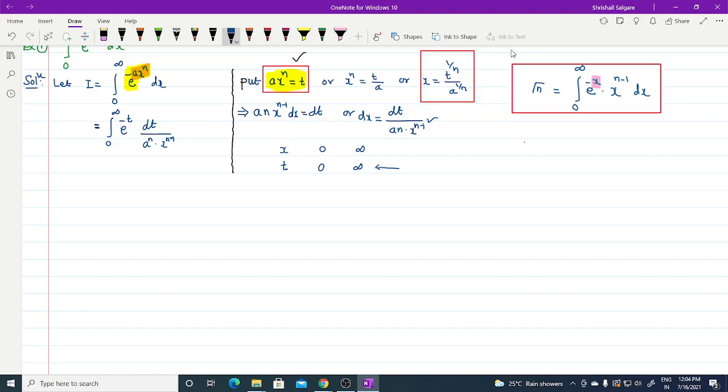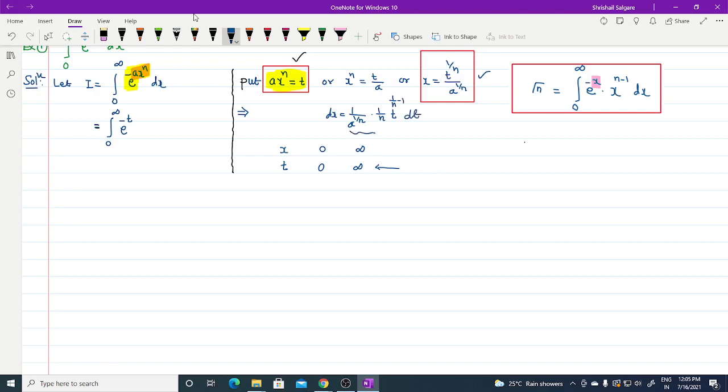Okay, further I have to replace that x in terms of t, so I will do that part. So instead of taking dx from this, I will differentiate directly the second one, easily we will get. Now from the second thing, dx is given by 1 upon a to the power 1 by n is constant, and by using x raised to n formula, it can be written as 1 upon n into t raised to 1 upon n minus 1 dt.